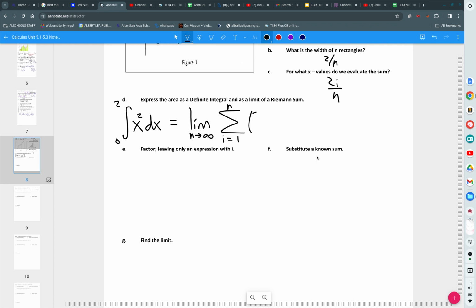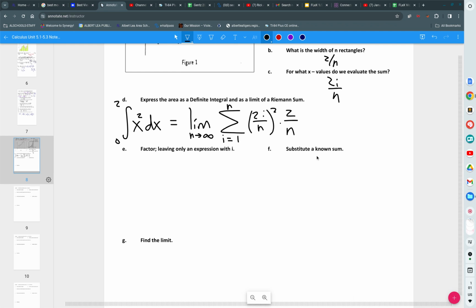So we've got 2i over n squared times 2 over n. Very important that if you don't understand how I got to this point, that you ask now. We all good? Because if you can get to there, the rest ain't bad at all.